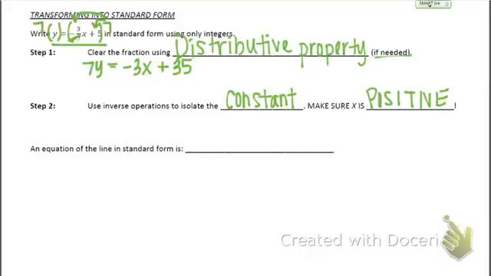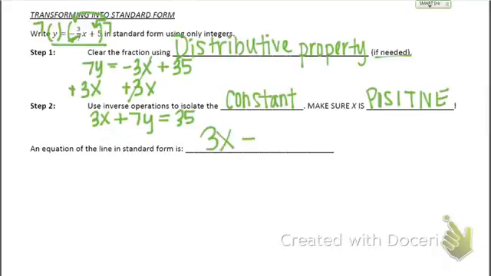So I'm going to add 3x to both sides, because they will add up to 0 on the right. 3x and 7y are not like terms, so that's going to stay as 3x plus 7y equals 35. Is the x value positive in this problem? Yes. So we are done. An equation of the line in standard form is 3x plus 7y equals 35.